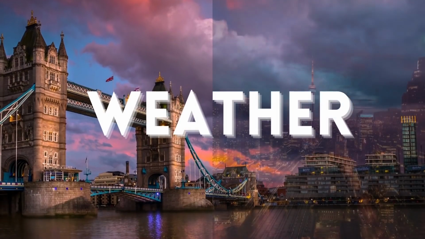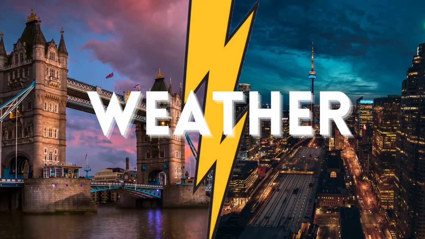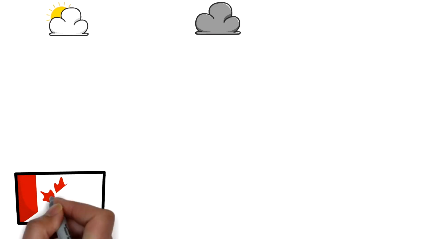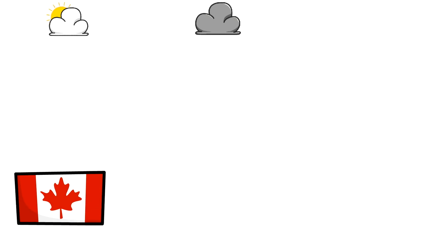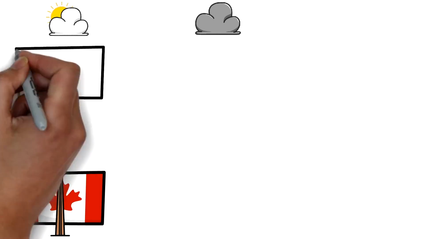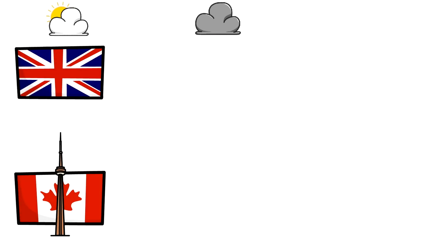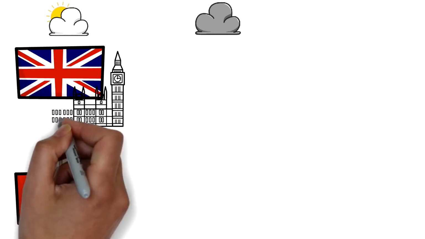Let's discuss weather now, because when it comes to Canada, it's very important to discuss the weather because obviously Canada is famous for its harsh winter climate. So in here I've listed down three cities from both UK and Canada.